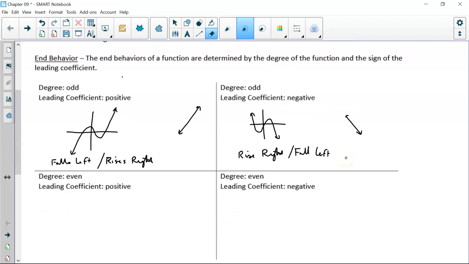Now, when the degree is even and the leading coefficient is positive, it's going to look something like this, where it's going to rise left and rise right. So this is when you have something like squared, or to the fourth, or to the sixth. Think about a parabola opening up. You see how it rises left and rises to the right?